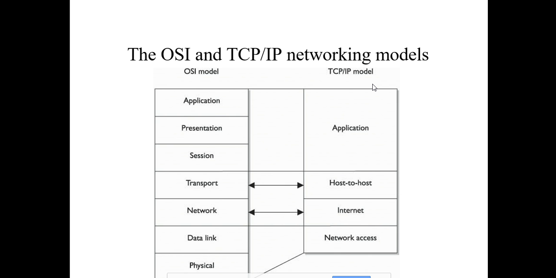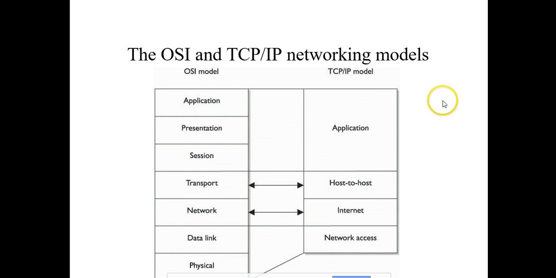TCP/IP precedes the creation of the OSI model. And so a lot of times, if you know the fundamentals of how these work, it's easy for you to understand what layer typically a device will talk in or an application will send something to another thing. And this is how they map to each other.